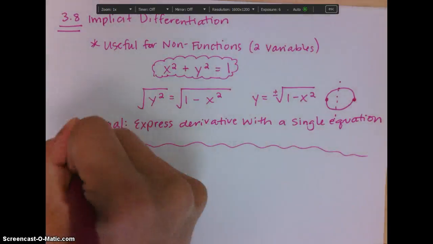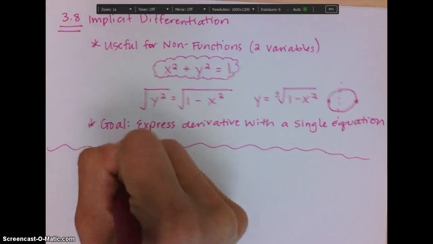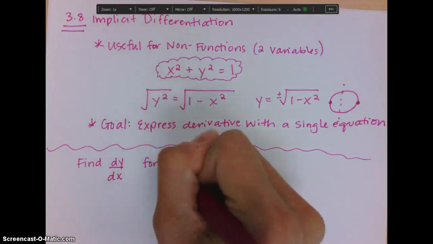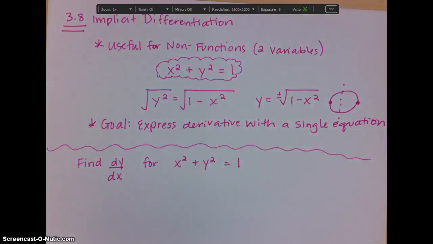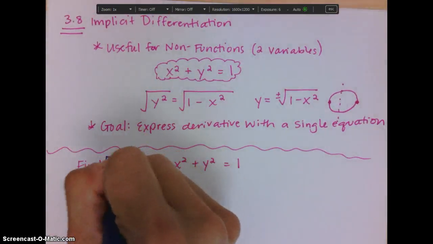Alright, so I'm finding the derivative for x squared plus y squared equals 1. And you'll notice the notation that I used here, dy dx.